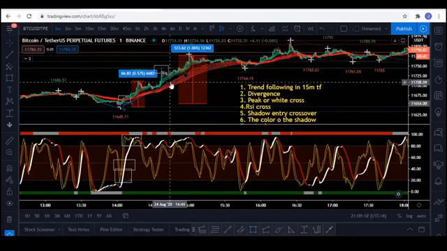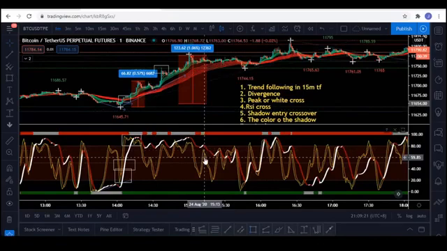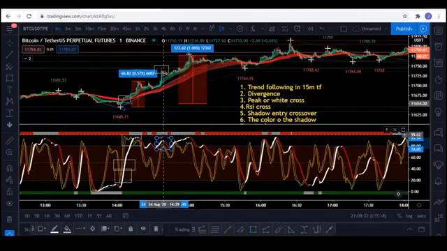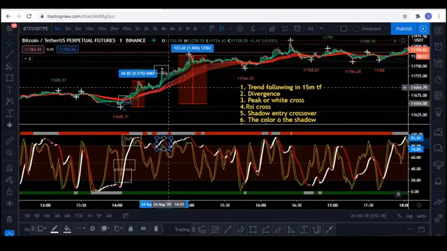And it confirms in our shadow there is also a crossover here, a counter crossover. But when you see our line, it indicates that the price is still going up. So why exit? You can hold your position.